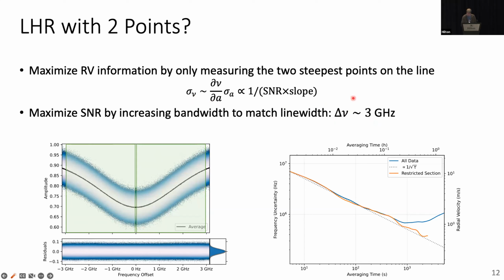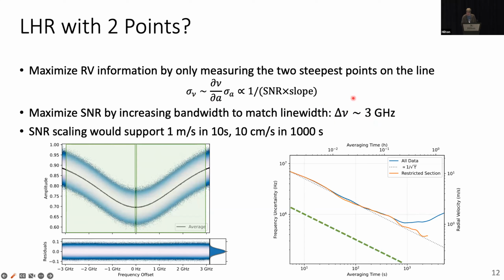Running calculations using the line shapes for this transition estimate that the signal to noise ratio could ultimately support 1 meter per second precision in only 10 seconds and 10 centimeters per second in only 1,000 seconds, just on a single line. And while this completely discards the line shape information, I think it is still an interesting limit nonetheless.